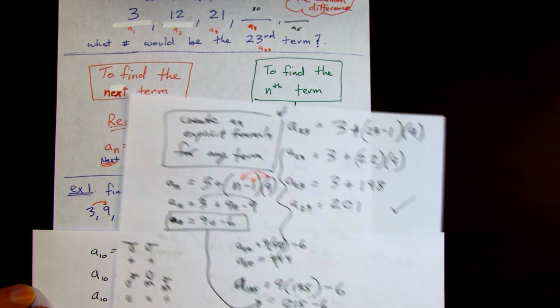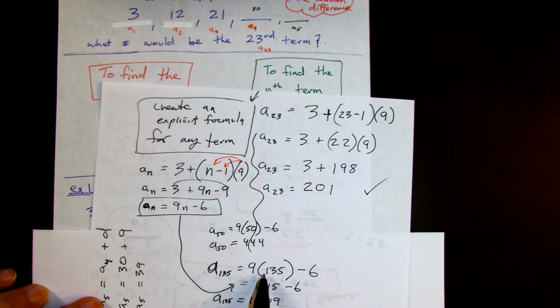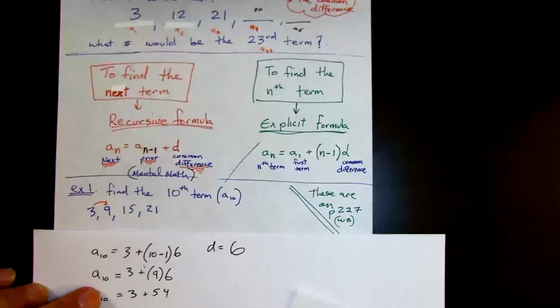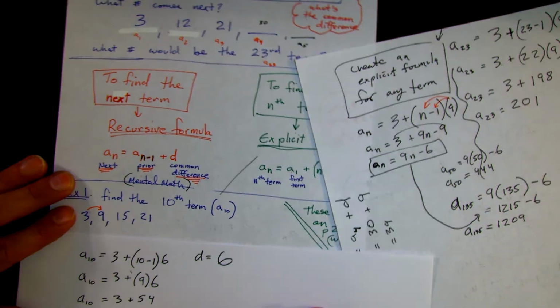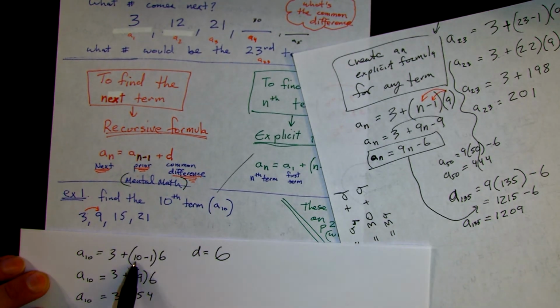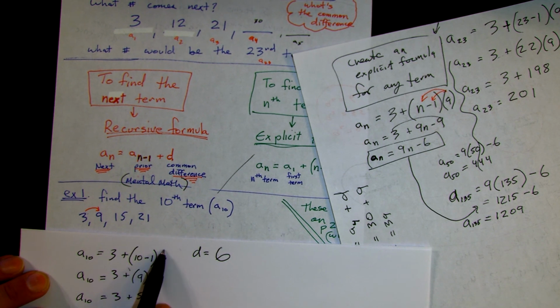What you described is exactly what we did. So you said we can plug in the value we're looking for, 10, subtract 1, multiply by 6, and add 3.